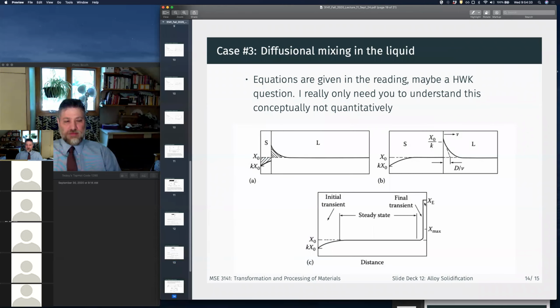Okay? So now let's think of the third case. Before we assumed that we have perfect mixing in the liquid. Now we're going to say mixing isn't instantaneous in the liquid. We don't have perfect mixing, but we're going to have some diffusion.